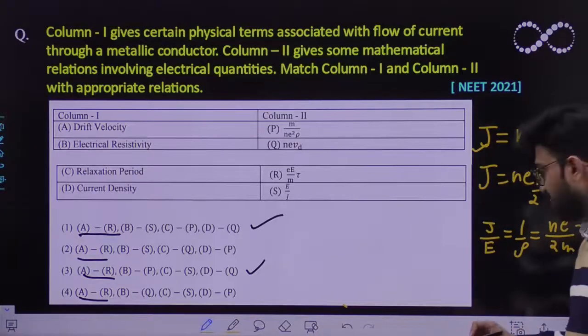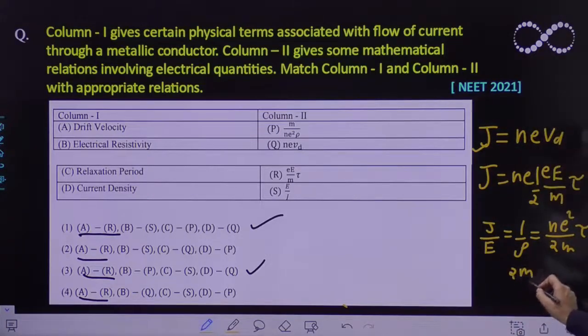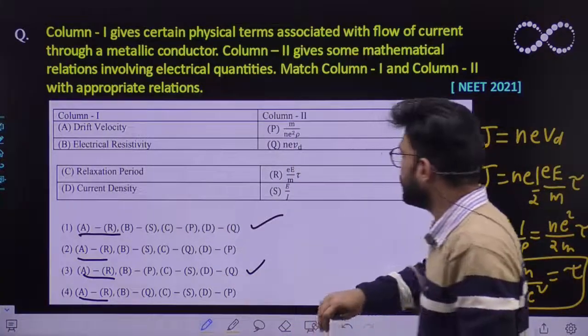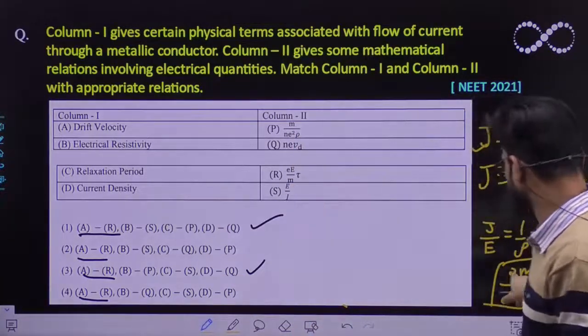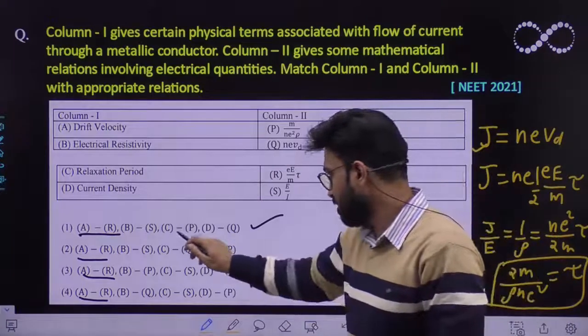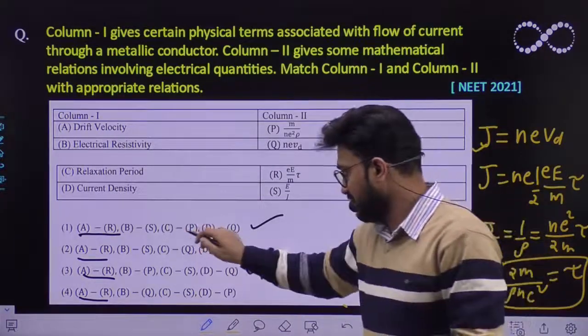So the relaxation time comes out to be 2m by rho n e square. So this is the relaxation time equation that we have got. That means the relaxation time C is related to P, because it is closely related to 2m, rho and e square. So C is related to P over here.